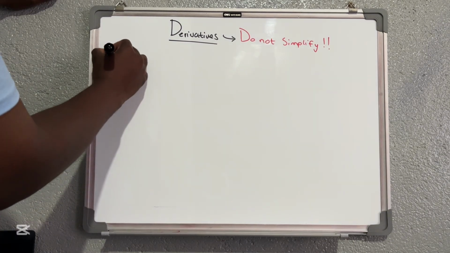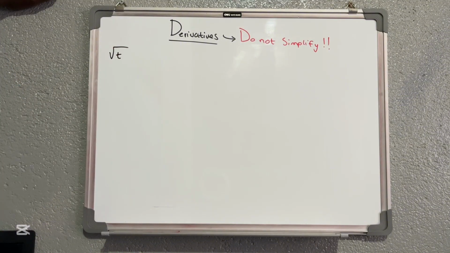So let's say we have a root of t. They've given you a root of t and they've told you to derive it, and you shouldn't simplify the answer. The first step that you ask yourself is: okay, I do have my root of t.